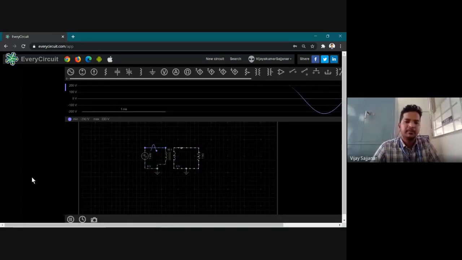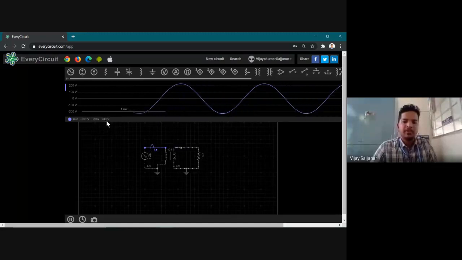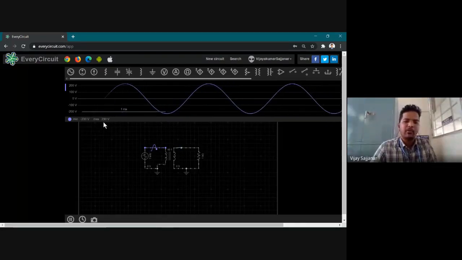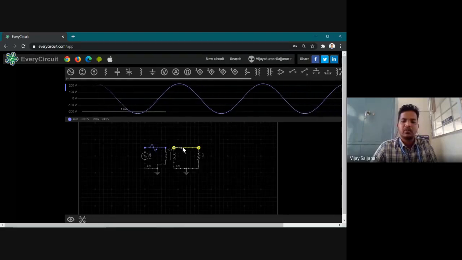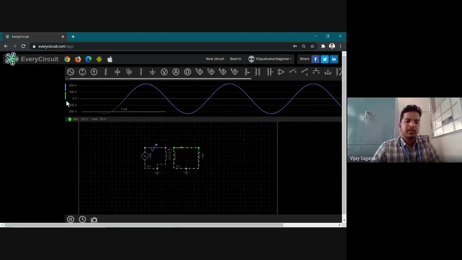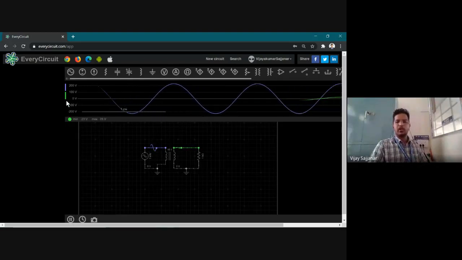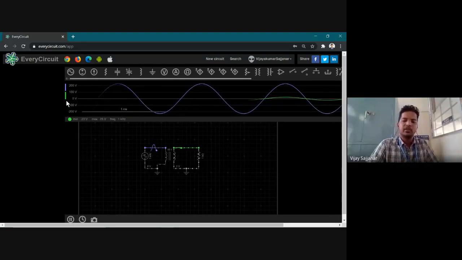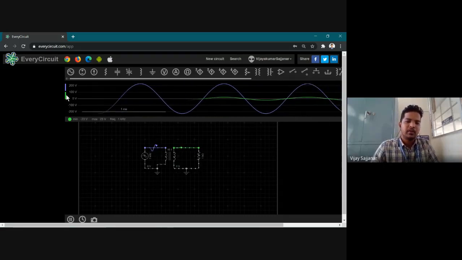This is our primary side. Here we can observe the minimum is minus 230, the maximum is plus 230. So we have our input sine wave. Let's analyze what is on the output of the transformer. The expectation is that we should have a smaller AC wave of 23 volts.